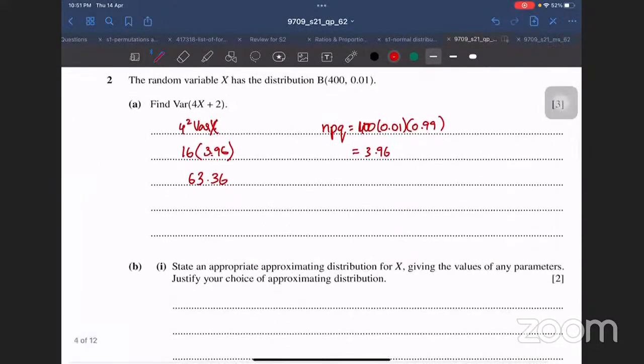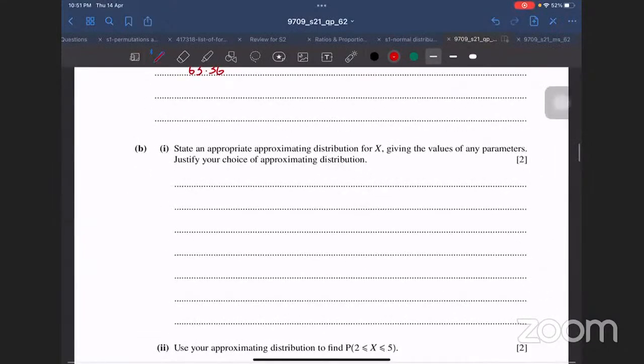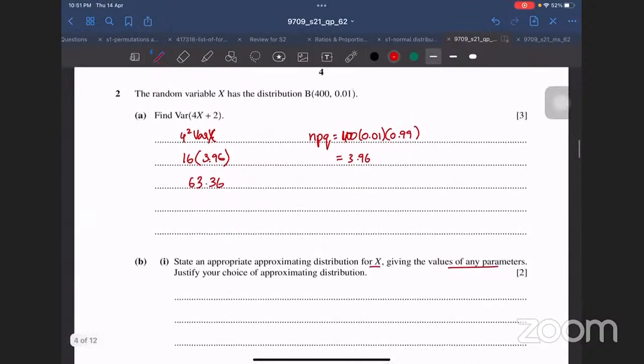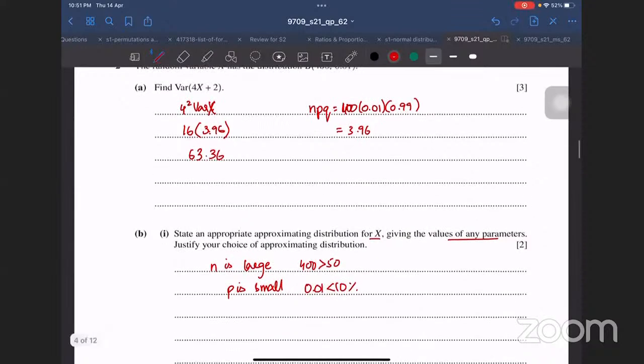It's the correct answer. It says state an approximating distribution for X, giving the values of any parameters. Justify your choice of approximating distribution. So n is large and p is small. Small means it's less than 10%.